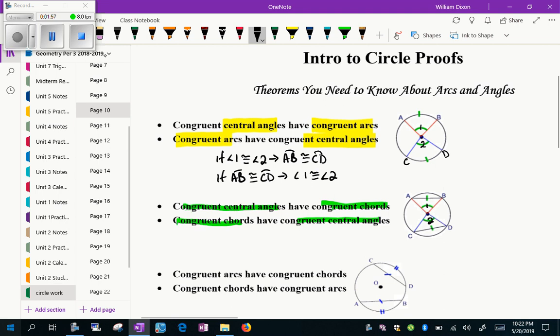So the first line is saying if angle 1 is congruent to angle 2, then chord AB is congruent to chord CD. And the second line says that if chord AB is congruent to chord CD, then angle 1 is congruent to angle 2.